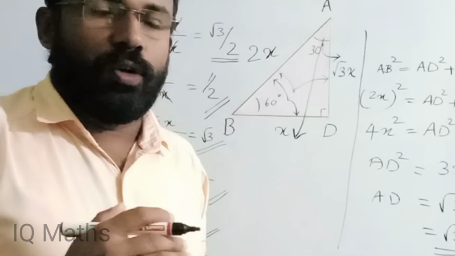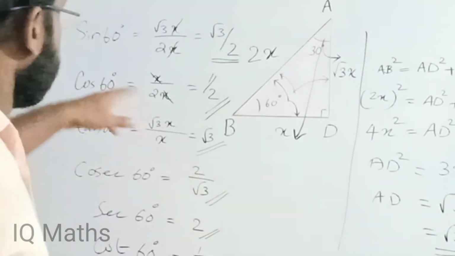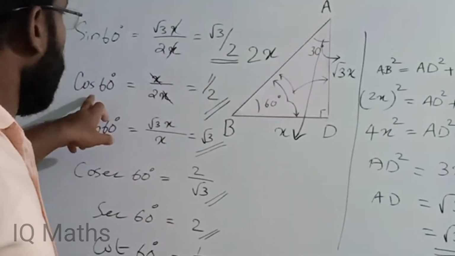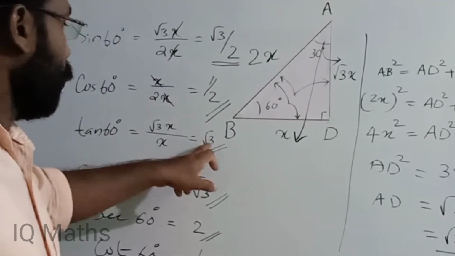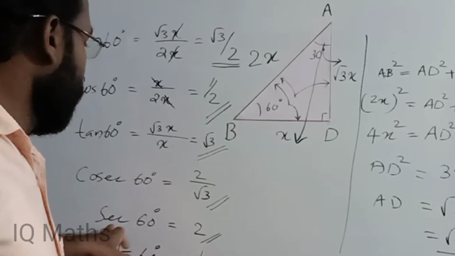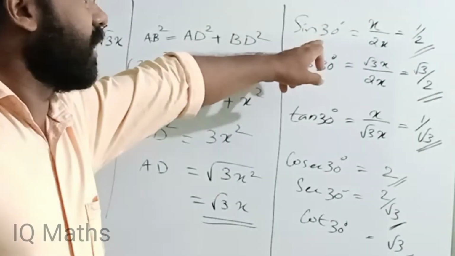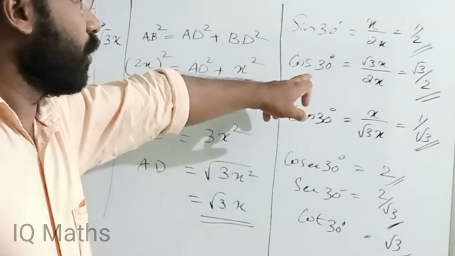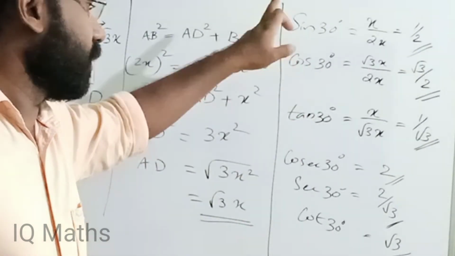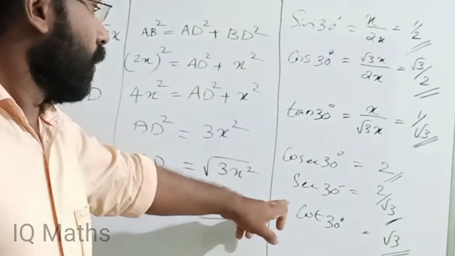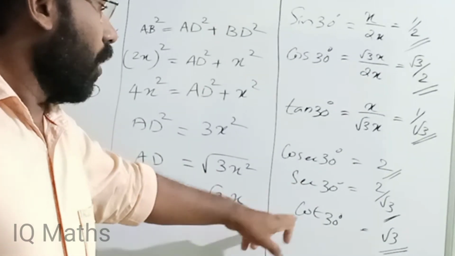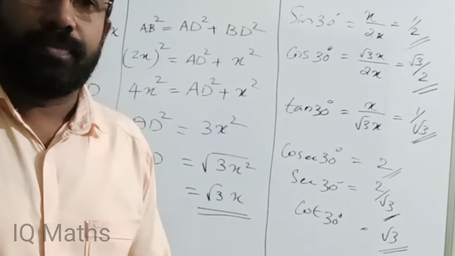Okay, now we can check: sin 60 root 3 by 2, cos 60 1 by 2, tan 60 root 3, cosec 60 2 by root 3, sec 60 2, cot 60 1 by root 3. Sin 30 1 by 2, cos 30 root 3 by 2, tan 30 1 by root 3, cosec 30 2, sec 30 2 by root 3, cot 30 root 3.